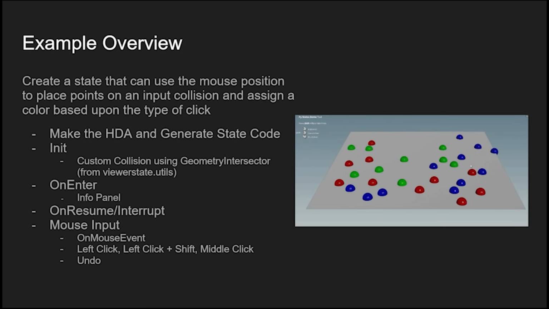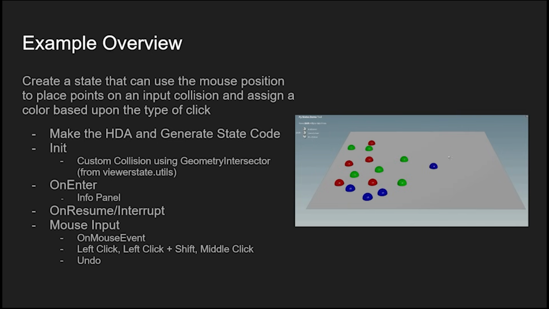We'll then initialize some variables in the init, such as the custom collision object, and then update the collision in the onEnter and onResume event handlers. Additionally, in onEnter, we'll be talking about and setting up our info panel so we can display instructions to the user on how to interface with the custom state.